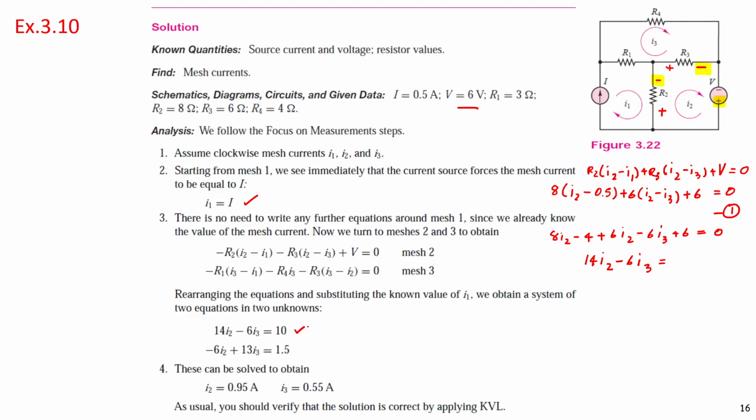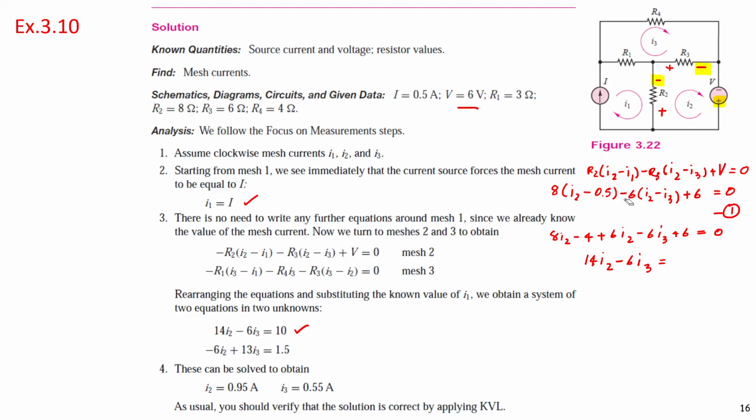I don't know why it's different. Anything wrong? Minus R2, minus R3 (I2 minus I3), right? 6. Oh, minus here. Sorry, that's why. It should be minus here.